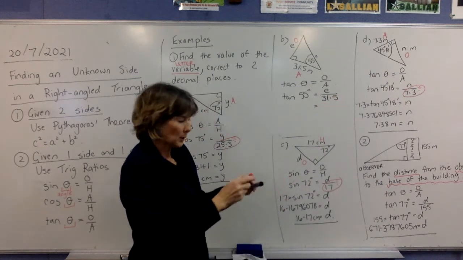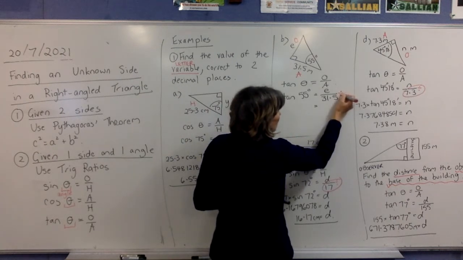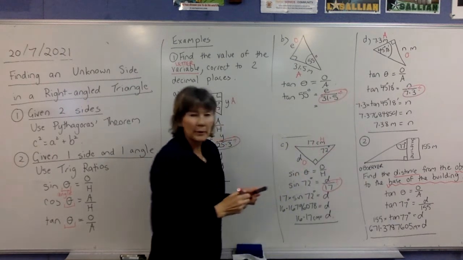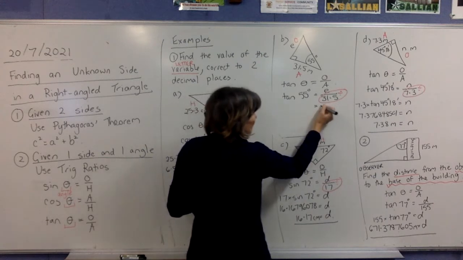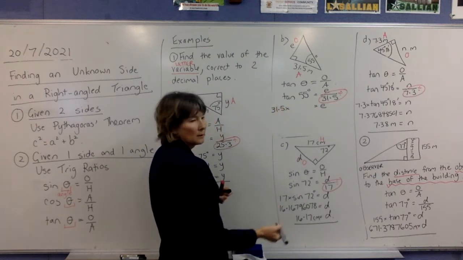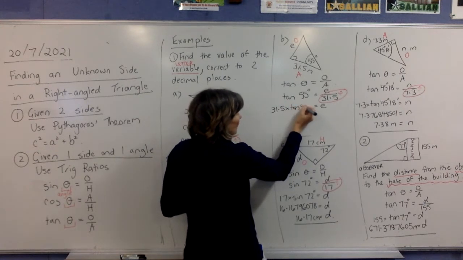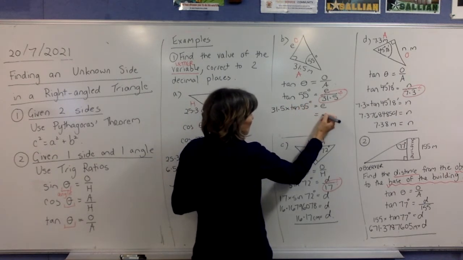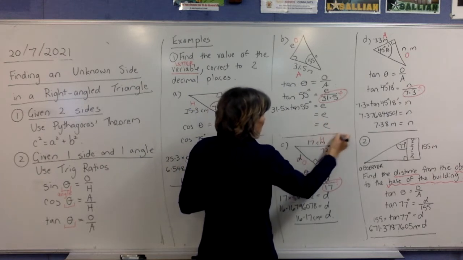We're going to solve an equation. So we're going to get rid of the divided by 31.5, keep the E here. So we're going to do 31.5 times tan 55. And we're going to be putting that in the calculator and rounding it off in a minute.